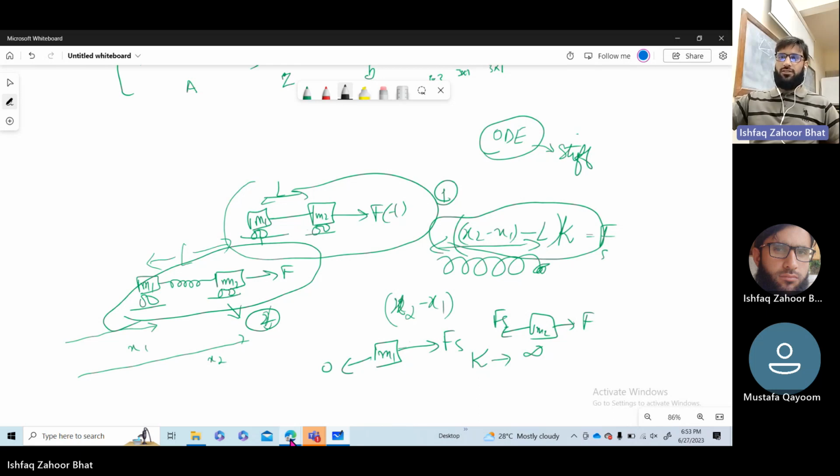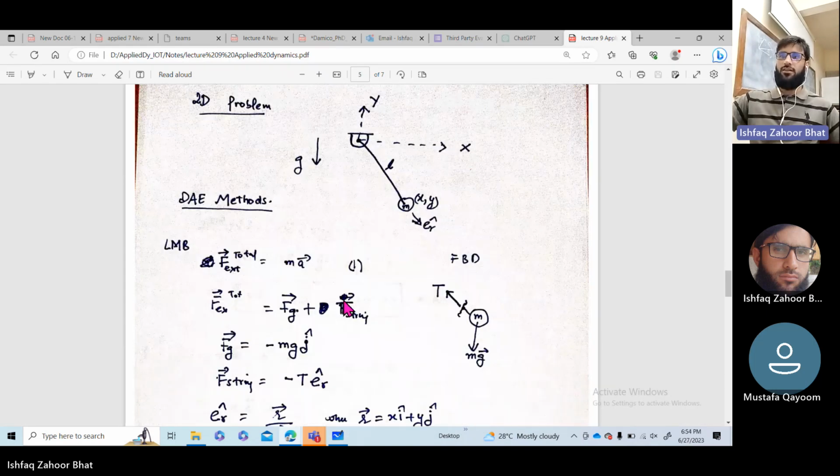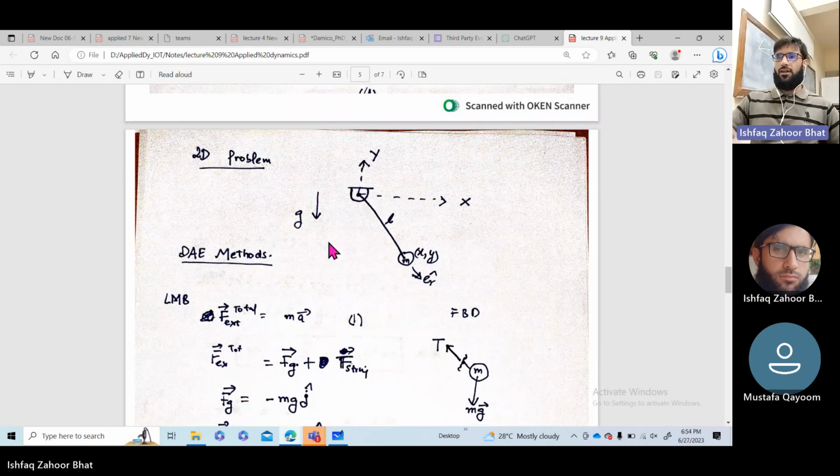So we shift towards the constant force, and by constant force, we assume that there is some force T acting, and then we do whatever I already showed you. Okay, so let us go to this problem, that is a pendulum problem.